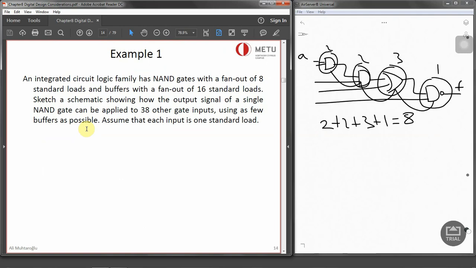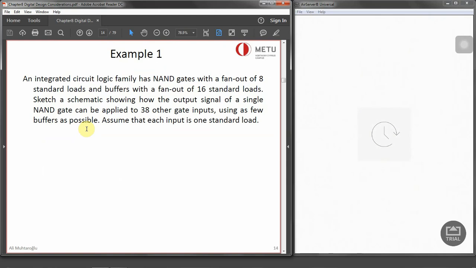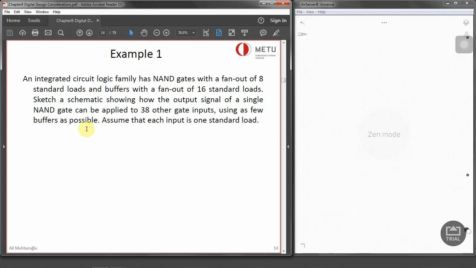The example says, an integrated circuit logic family has NAND gates with a fan out of 8 standard loads and buffers with a fan out of 16 standard loads.